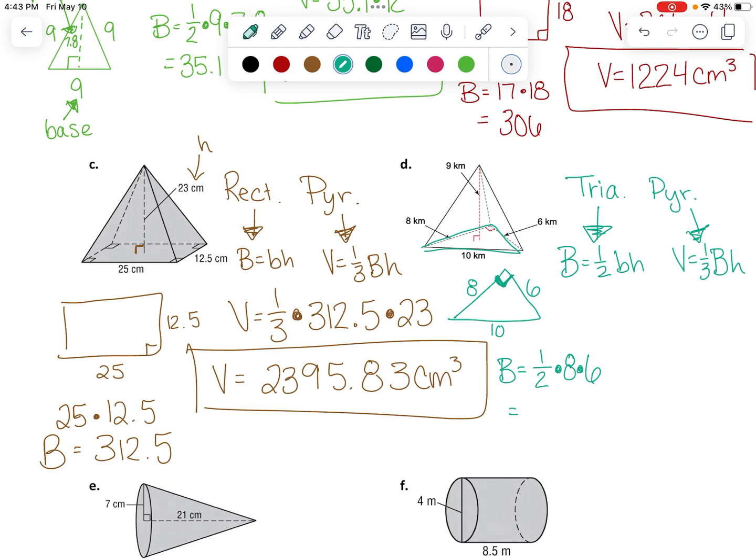Doesn't matter which one goes first when multiplying. 1/2 times 8 times 6 is 24. Perpendicular to my base is my height, so volume equals 1/3 times the 24 times the 9, which I believe is 72. It is. Kilometers, and it's a volume, so it's cubed.